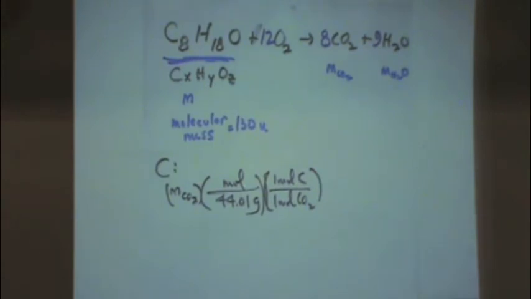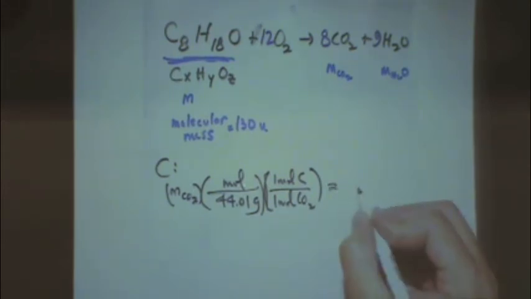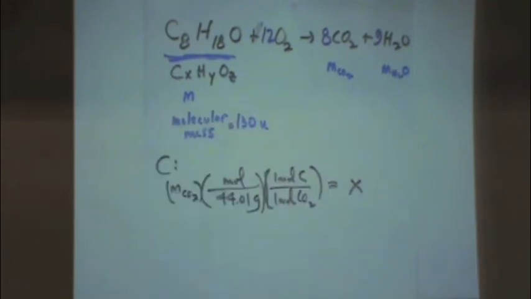We need to do this in this case because we have CO2 and we want carbon. So this will happen sometimes whenever you have the moles of CO2 or O2 or some sort of molecule, H2O, whatever it is, and you need to convert just to the atom, which we need in this case. This is going to be X.